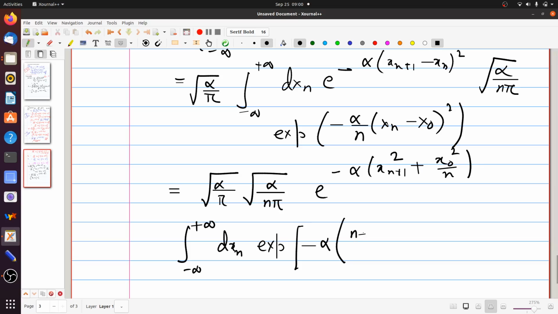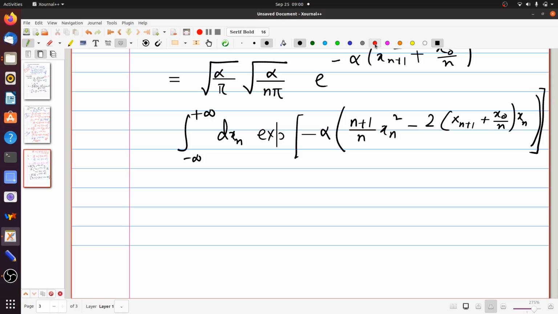So it's n plus 1 by n, 1 plus 1 by n, which is the same as n plus 1 whole divided by n, xn square, minus twice xn plus 1 times xn and x0 times xn. So xn plus 1, but the x0 of course comes with a 1 by n outside. So that's it. That is the integral that you have to do.